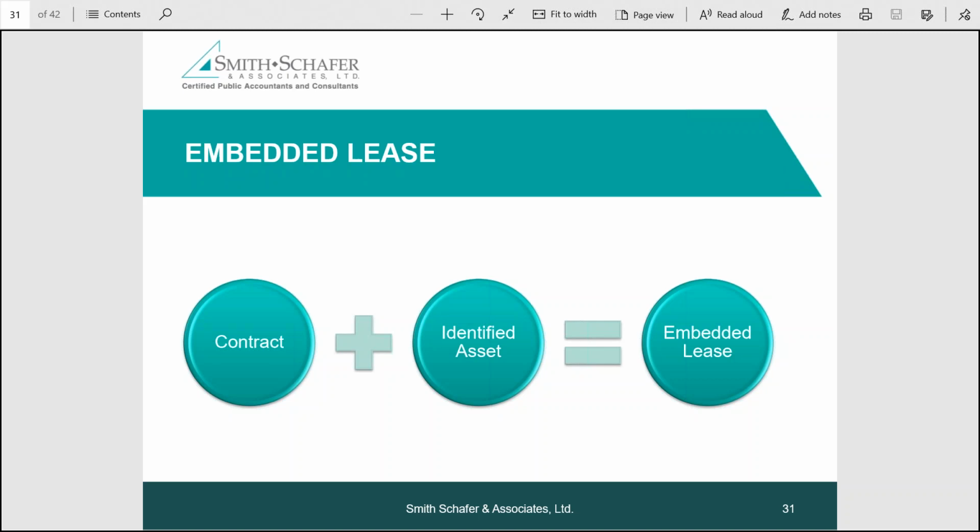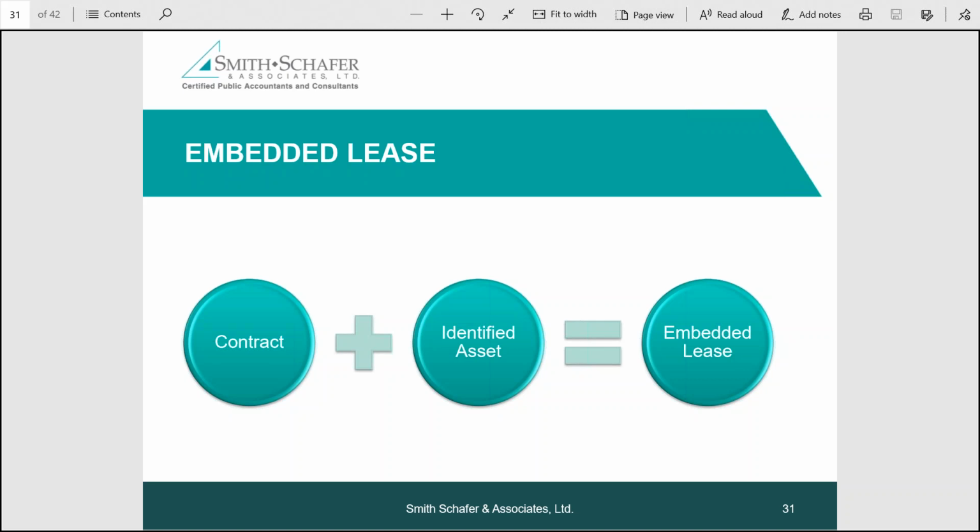The service component would not need to be capitalized, would not have to be recognized as that right-of-use asset, but the server component or the asset component would need to be capitalized. So now you're breaking down and nitpicking your service contract. There is a practical expedient that you could say, I'm not going to break it down, I'm just going to capitalize my whole payment, but you need to be careful because that is going to gross up your right-of-use asset.